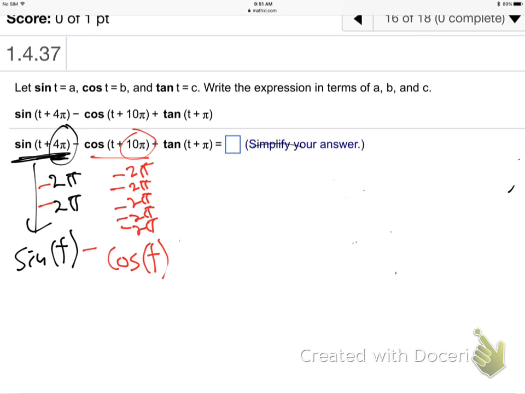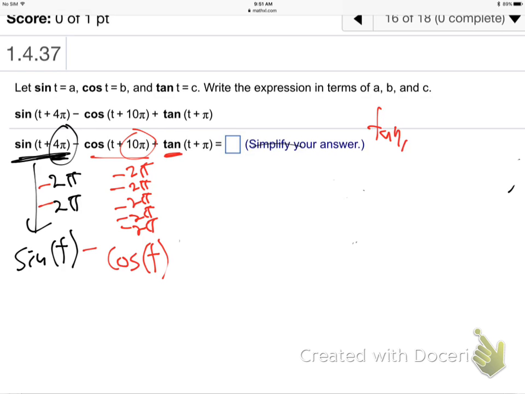But here's a special fact I haven't said yet. With tangent, tangent doesn't just repeat itself after a full circle. He repeats himself even more frequently than that. He repeats himself every 180, every pi.